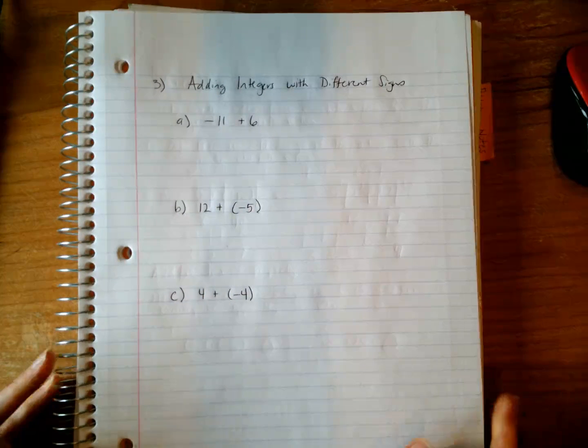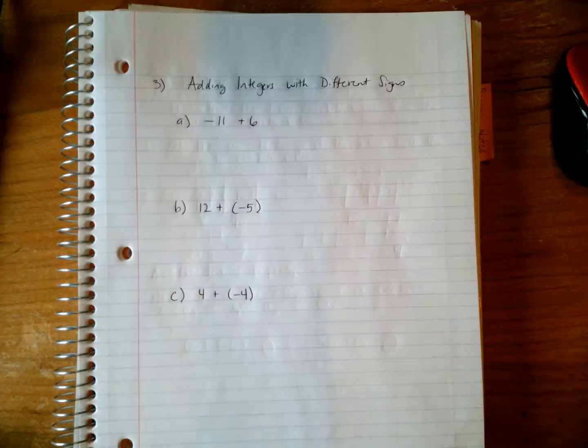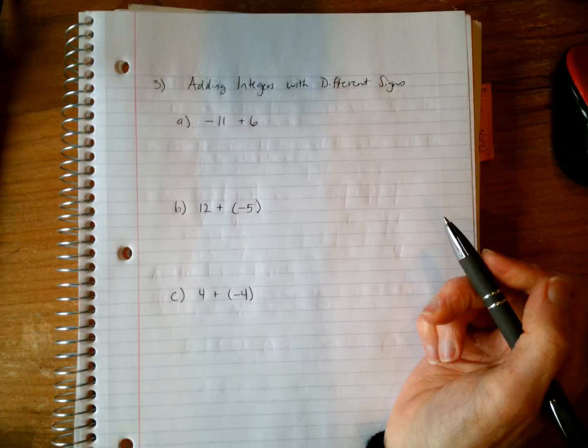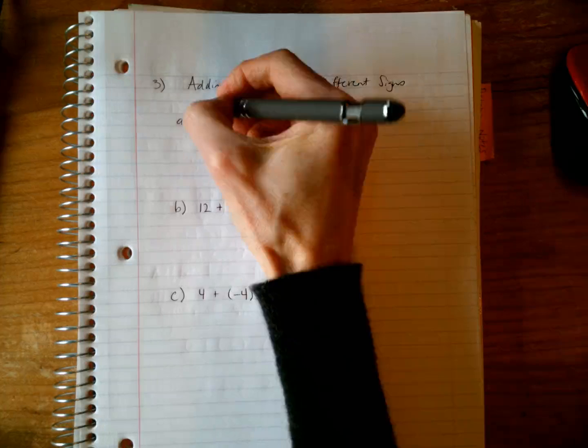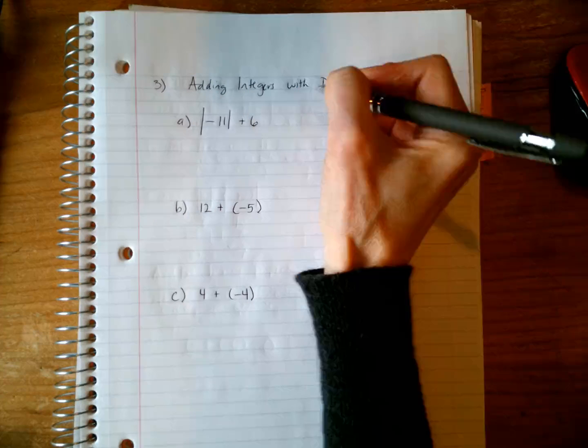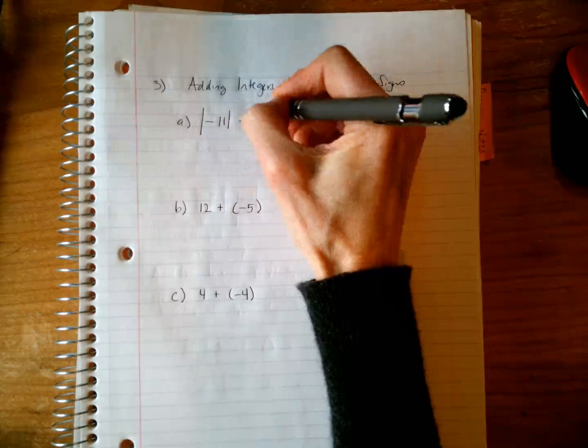All right, we're going to be adding integers with different signs in this one. So we are going to once again be finding the absolute value of each of these numbers. So the absolute value of 11 and the absolute value of 6. That would give us 11 and 6. And once again, we are going to subtract just like we did in the last step.